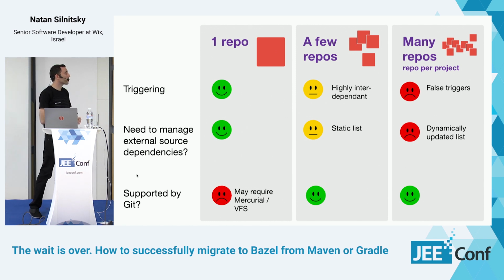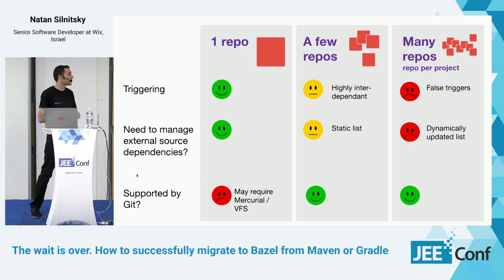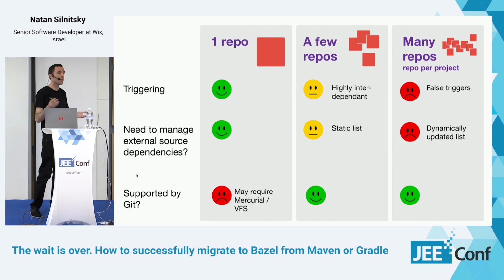But why can't we have the one big monorepo that Bazel is optimized for? We work with Git like most organizations, and Git does not support the scale of Wix's code. We have over 10 million lines of code, like I said.